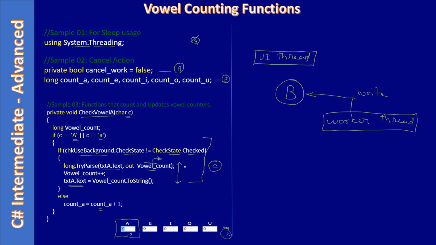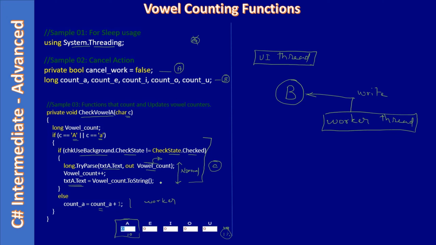This code will be reached in a normal execution. If you see, chkUseBackground check state is not checked, that means normal flow, and the other one will be used by the worker component, the worker thread.